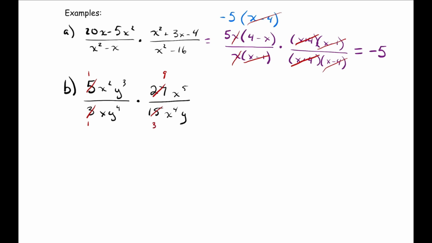And we can cross cancel some of these x terms as well, right? So x squared is going to cancel with the x to the fourth. So we have x to the second on the bottom here. We can cancel out the y here and that third, making it a second. We can cancel out an x and one of these x's, making that x to the fourth.